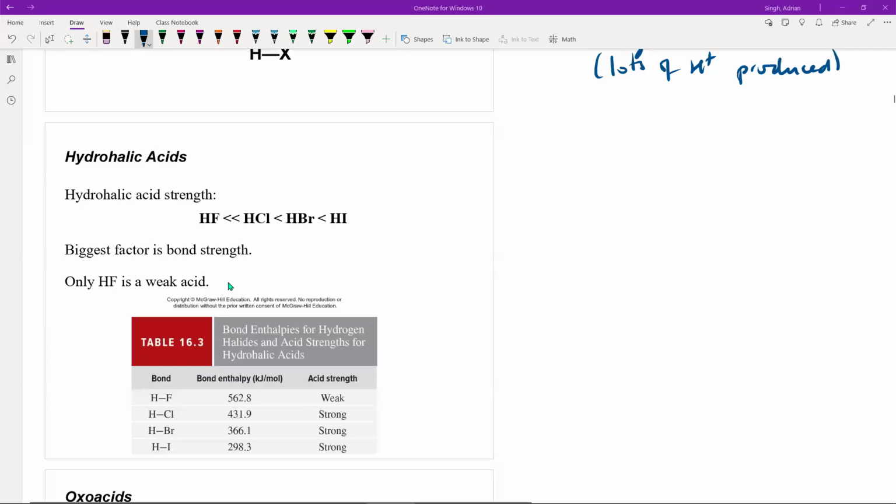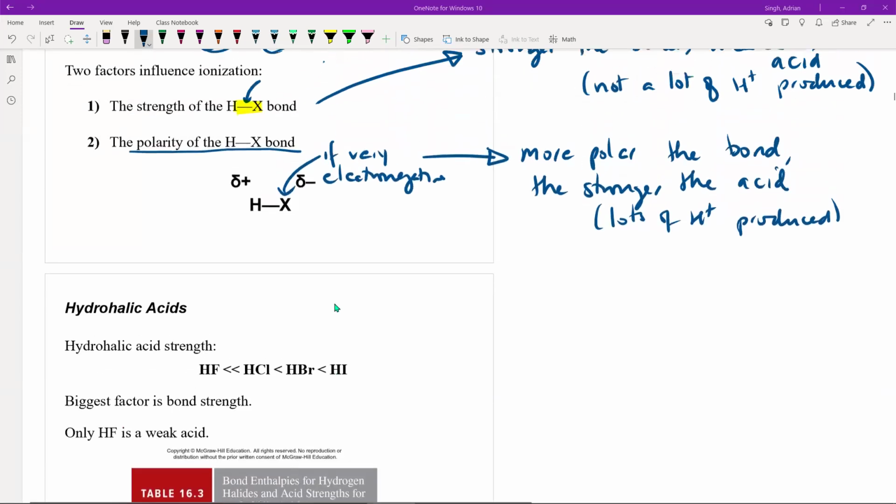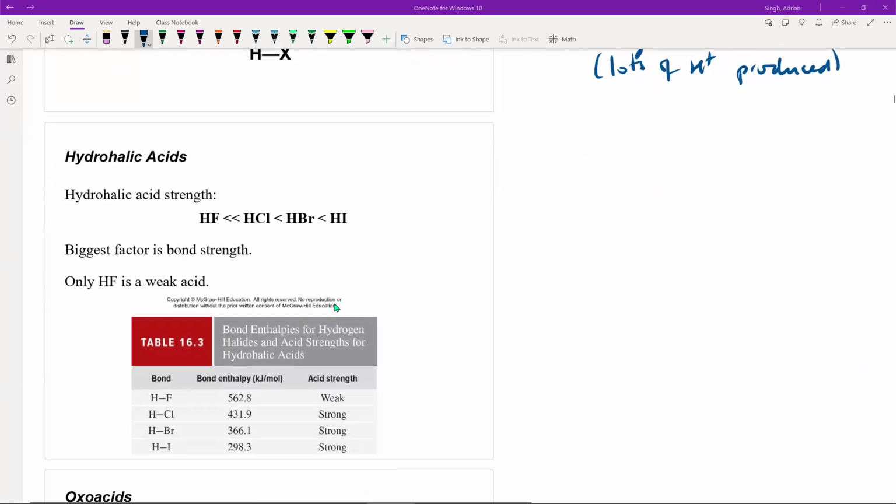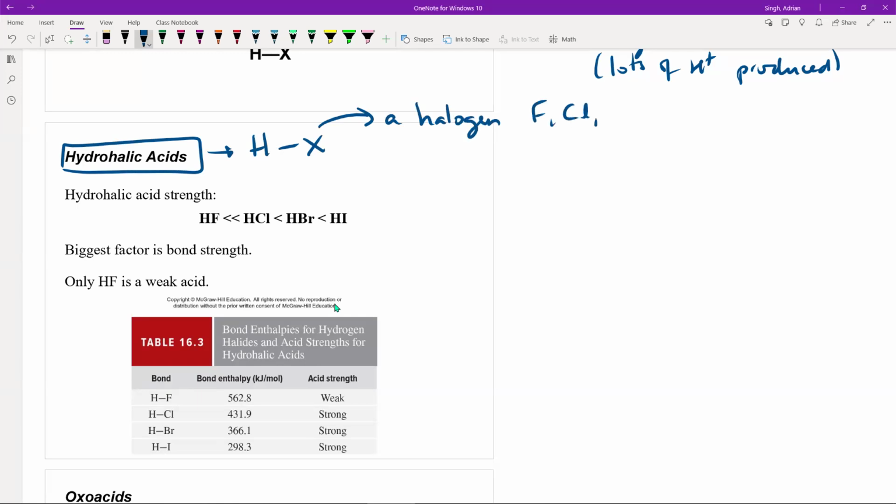So we'll take a look at a couple of specific examples of where those factors show up in the acid strength. We'll look first at hydrohalic acids. The hydrohalic acids follow the same general formula, HX, but this is specific to where X is a halogen. So things like fluorine, chlorine, bromine, and iodine, the group 7 elements, would be the most common ones that we're going to see.